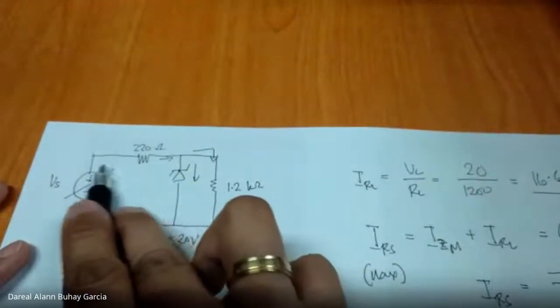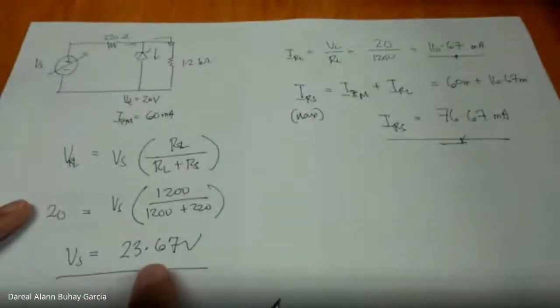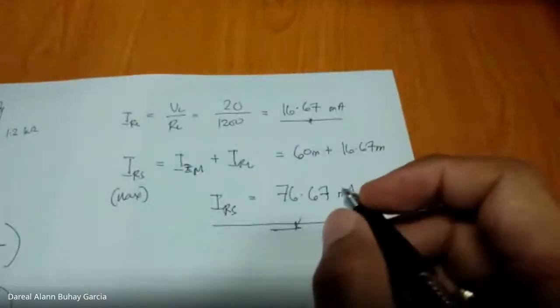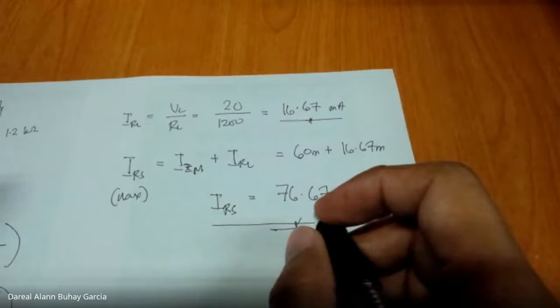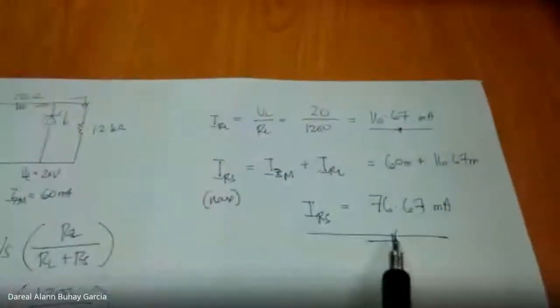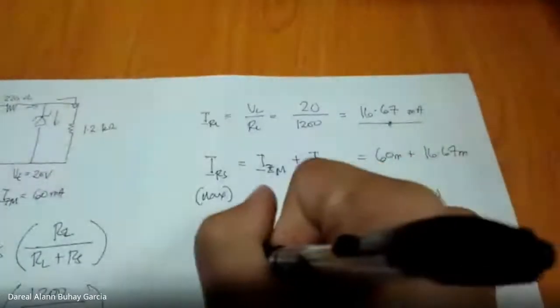And kung unsa nga current mo-flow sa atong source resistance, mao mo ang mo-flow sa atong source. Of course. So at what voltage, no? Somewhere above this one. So ato i-solve ang voltage una sa source resistor.